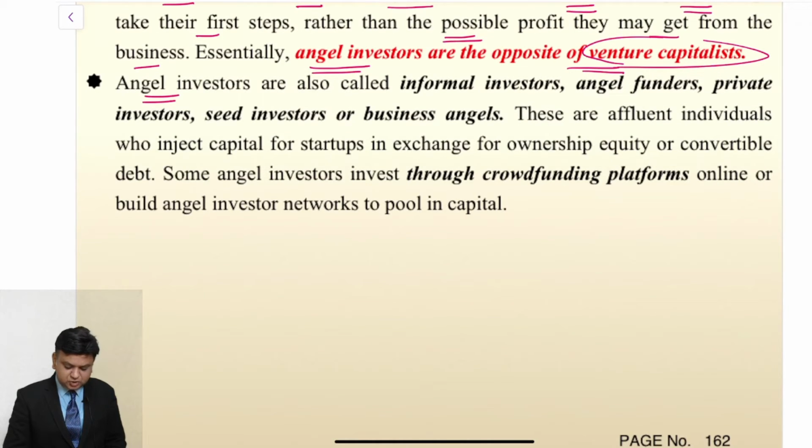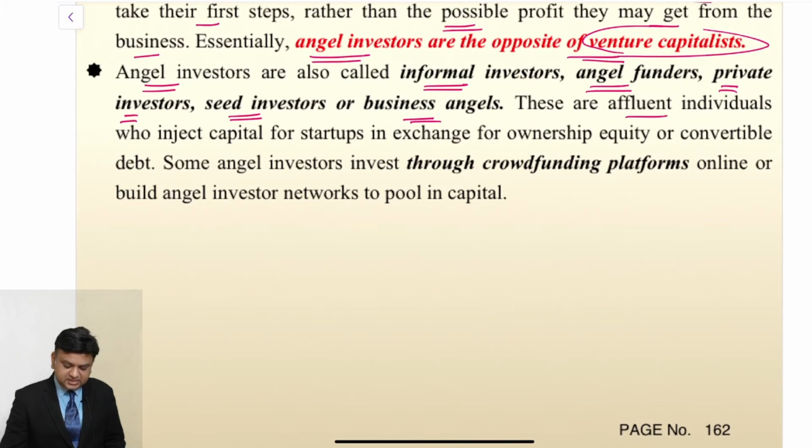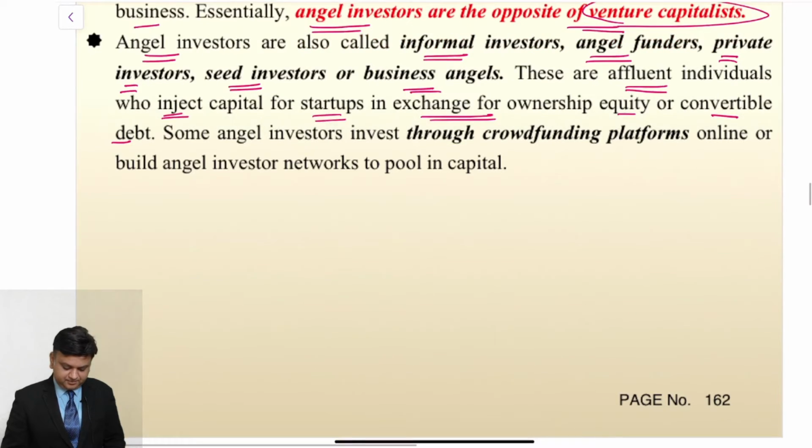Angel investors are also called informal investors, angel funders, private investors, seed investors or business angels. These are affluent individuals who inject capital into startups in exchange for ownership equity or convertible debt.